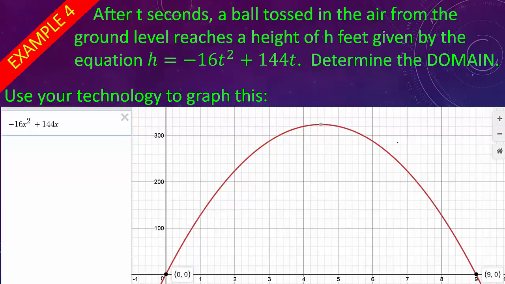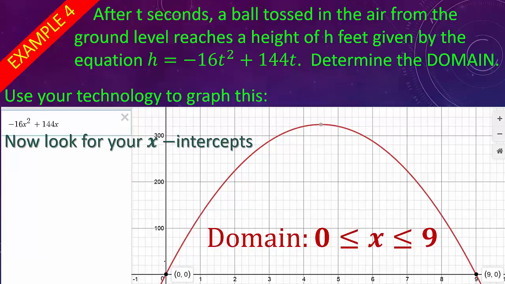If you get a graph that just looks like kind of like a straight line, you're like, wait a minute, Mr. Higgins, my graph looks like this. It doesn't look like a parabola. Try zooming out first. All right, so remember domain, we're only looking at our x values. So from our x-intercept to our x-intercept. So our x values are 0 and 9.